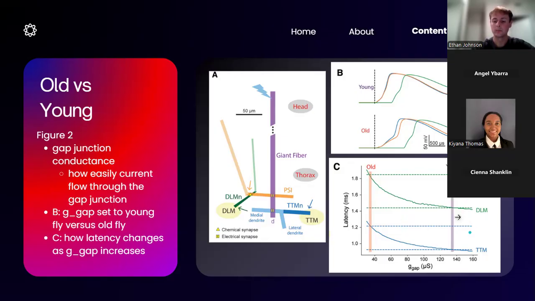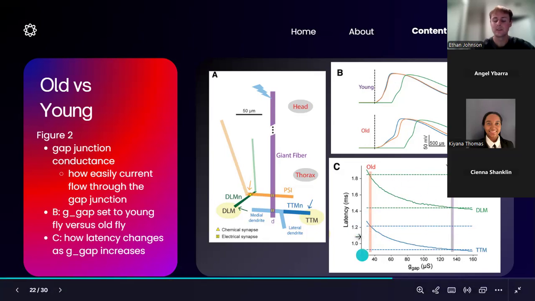And we see as well that when you look at the gap junction conductance of a young fruit fly versus an old fruit fly, the young fruit flies have a higher gap junction conductance versus old ones. So this is what this figure is talking about here.